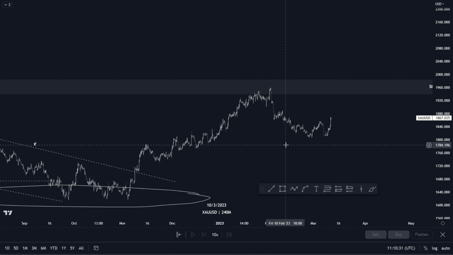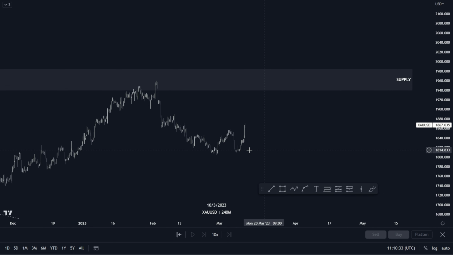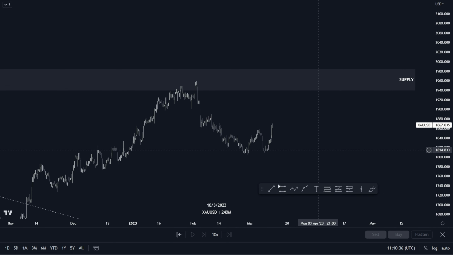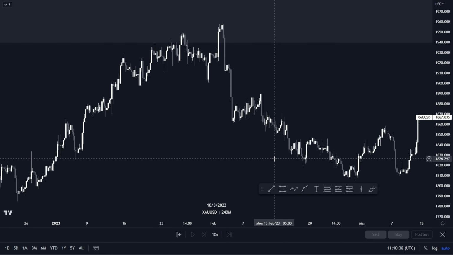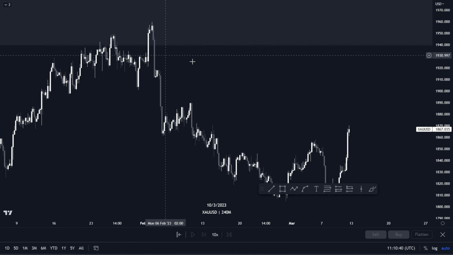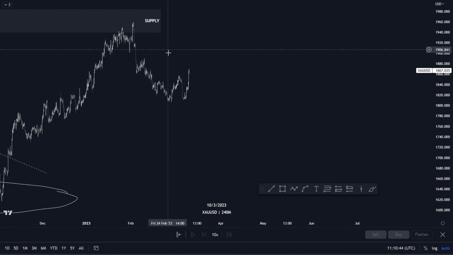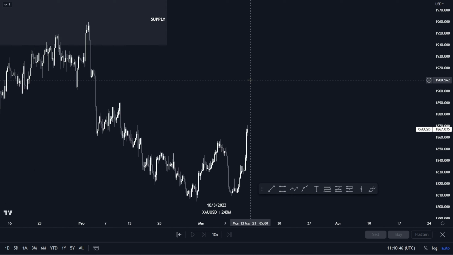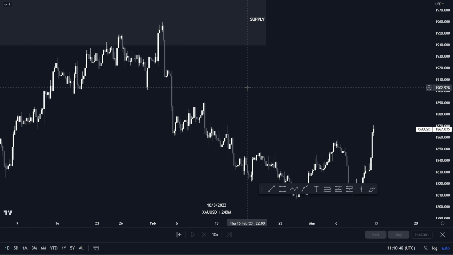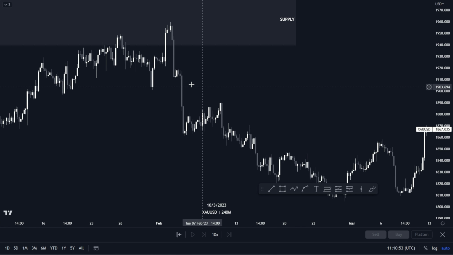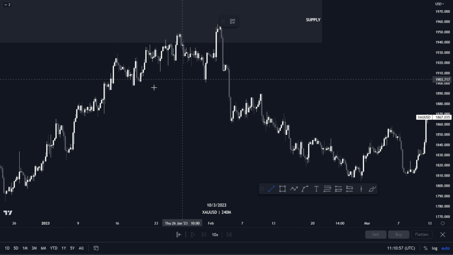Okay, so moving to the 4-hour time frame, here as you can see, price tapped into our supply area here, and once price taps into our supply area, we're expecting a change in trend within the internal structure here.